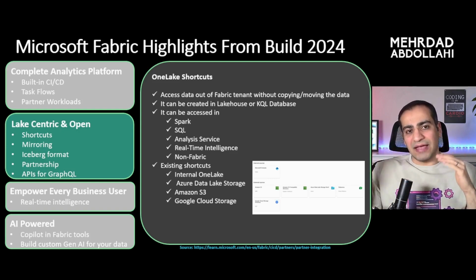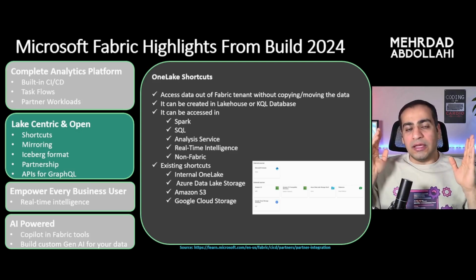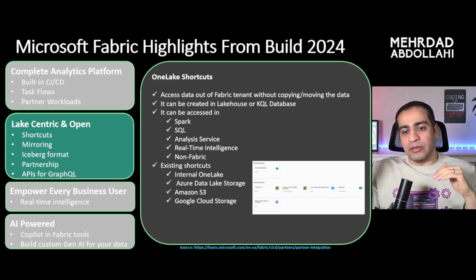The good thing is that it can be accessed by almost all of the components and tools within Fabric, including Spark, SQL, analysis services, real-time intelligence, and even non-Fabric tools when you want to access the data via API. The shortcuts can be created in lakehouses and also in KQL databases for real-time intelligence.